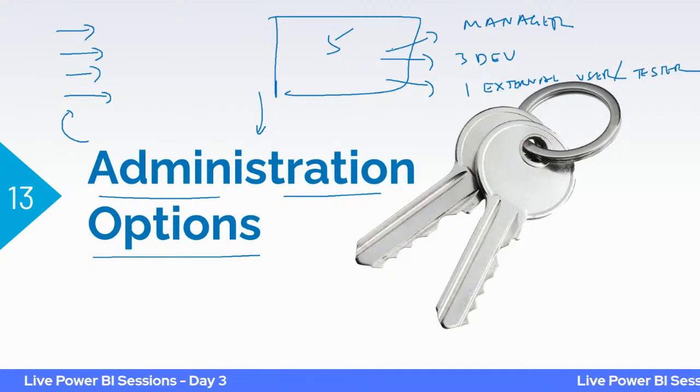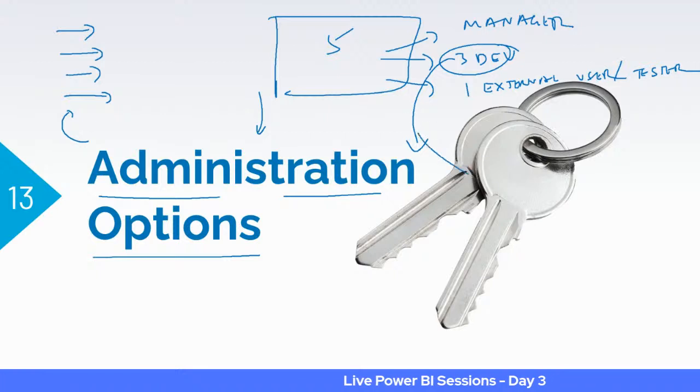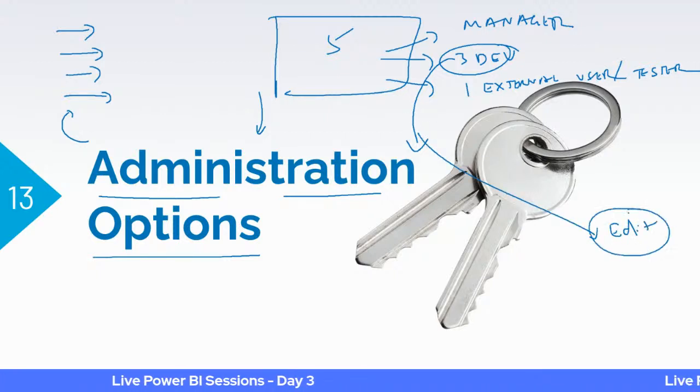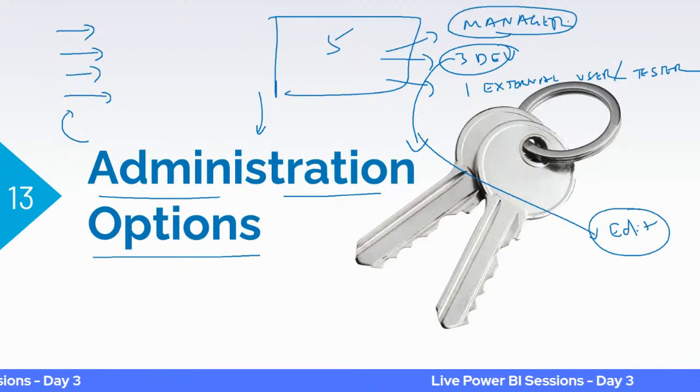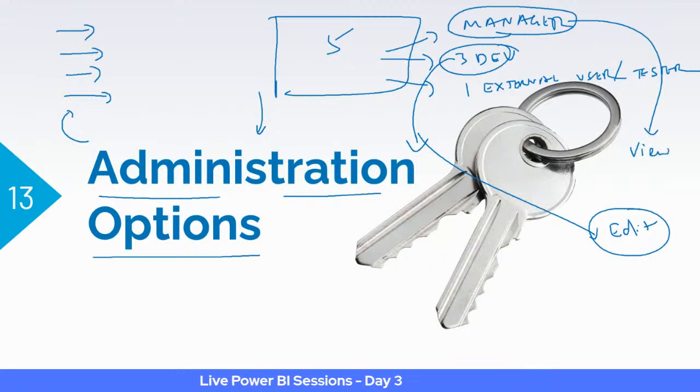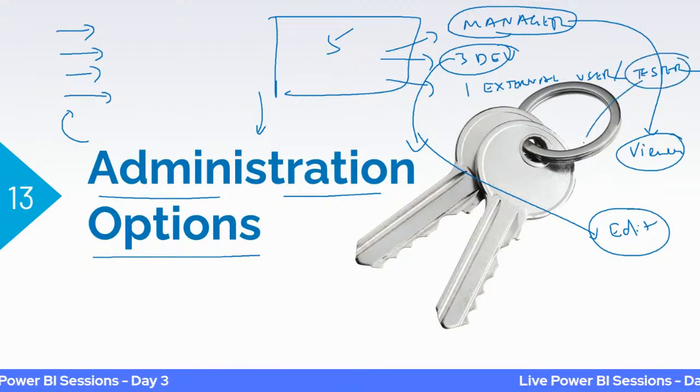These three definitely need edit access, right? Because they need to edit the reports. The manager does not need edit access, so you can give the manager viewer access. The external tester also needs only viewer access.